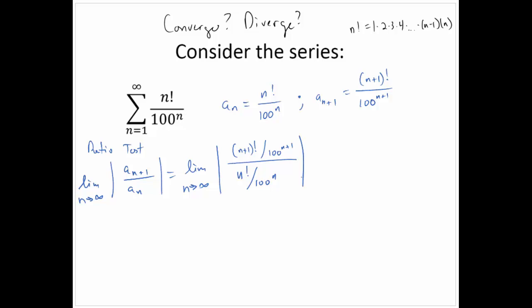Now there's no negatives going on here, so I don't need to worry about the absolute value bars. We'll use a little bit of arithmetic here. This becomes then the limit with n approaching infinity. Let's get rid of that division by a fraction. I would have an n plus 1 factorial times 100 to the n over n factorial 100 to the n plus 1.